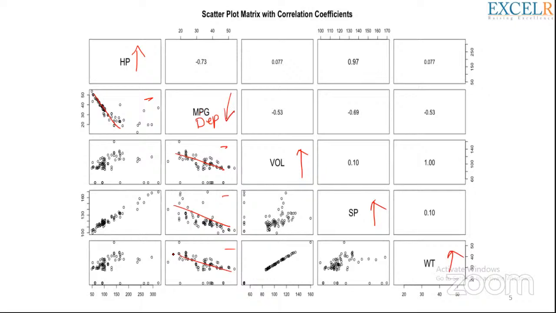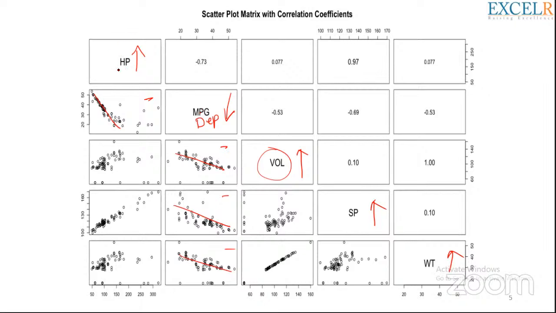Now let us wear the hat of a domain expert from the automotive domain. Do you agree with this fact, that if I increase volume, top speed, weight, or HP of a car, the MPG goes down? Yes, of course. For a high-end car, say a bigger car, the miles per gallon, the mileage, will definitely be lower in comparison to other cars where the weight is not that high.